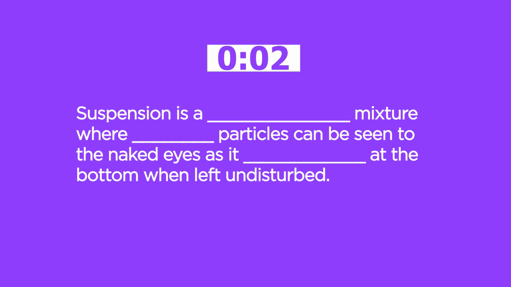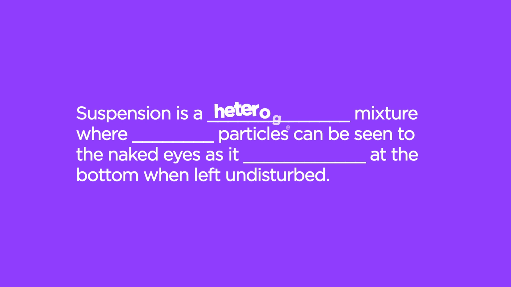Are you done? Alright, let's check your work. Suspension is a heterogeneous mixture where visible particles can be seen to the naked eyes as it settles down at the bottom when left undisturbed. Did you get it right?